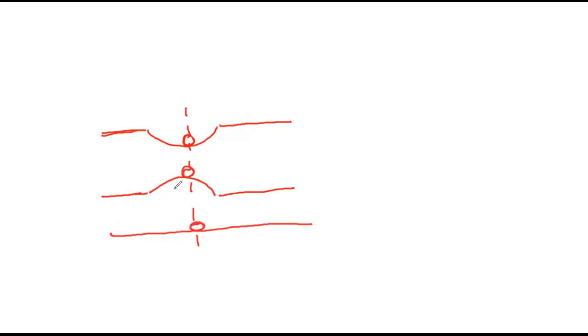Suppose one body is at this position, the same body then goes to the top position, and it is at a plane position.